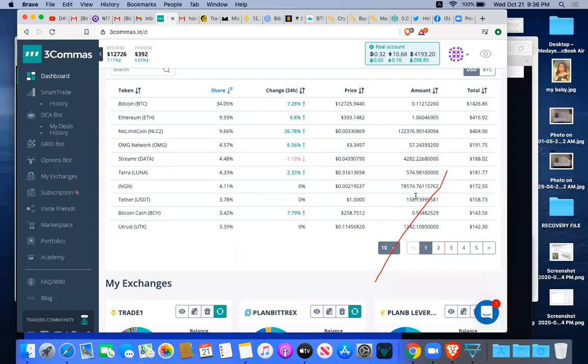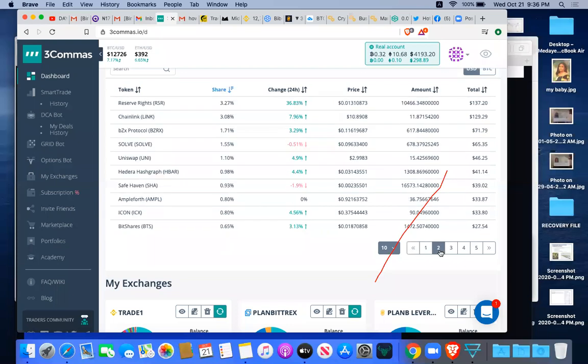The trade on NGN is really making sense. Then USDT, Bitcoin Cash, Vitro, RSR. They are not just irrelevant coins. They are coins that I know are good, and whatever happens, I'm fine with them.